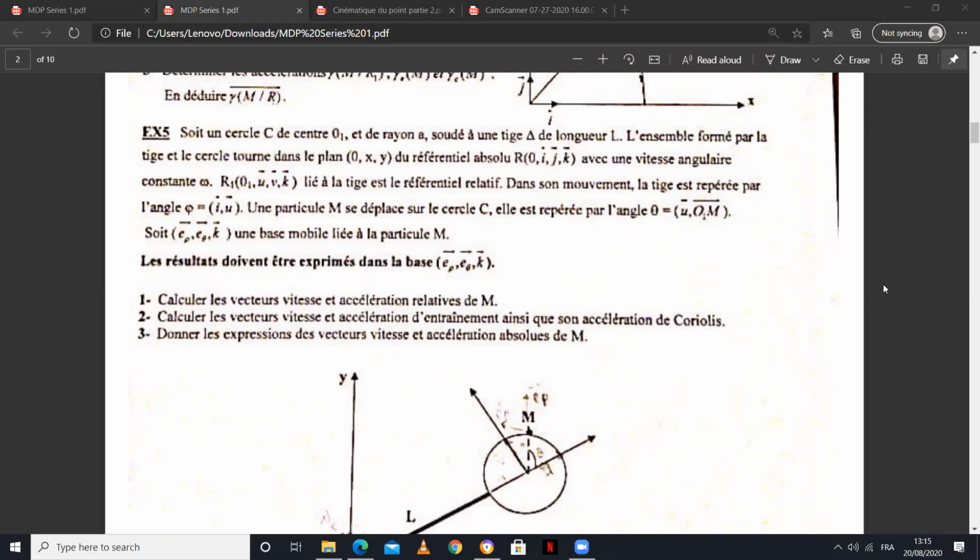What's going to tell us the position of M? And that's moving from the origin to the point M. Just from the origin to the point M. So what's going to be our vector position? All you just need to do is to identify the origin of our repère relatif in this case. What's the origin of our repère relatif?